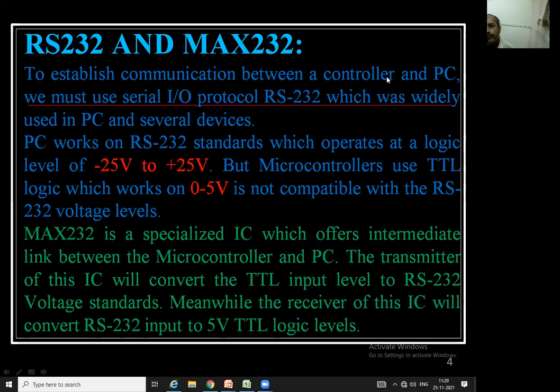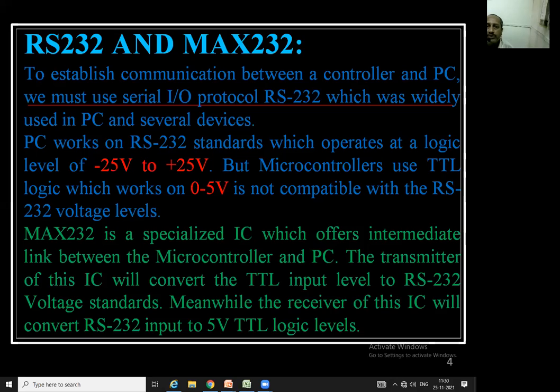To establish communication with this controller, we are supposed to use the IO protocol, that is RS-232. You might have seen it when we connect the monitor to the CPU. If you have looked at a desktop, there is one connector which has a blue color, this particular type of port connection.